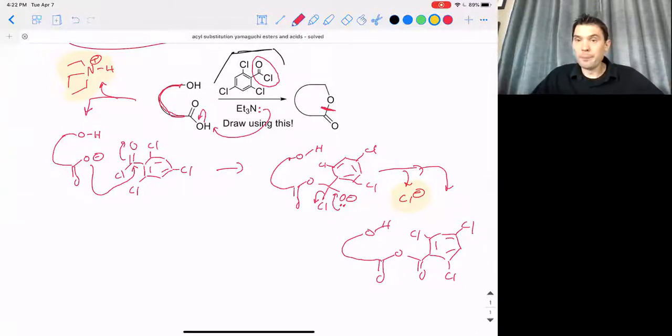Now, there are a couple of different mechanisms that you'll find online for the Yamaguchi esterification. A lot of them have the reagent DMAP in them, and DMAP stands for dimethylaminopyridine, which is this molecule shown here. And DMAP is a really good base, and it's also a really good nucleophile.